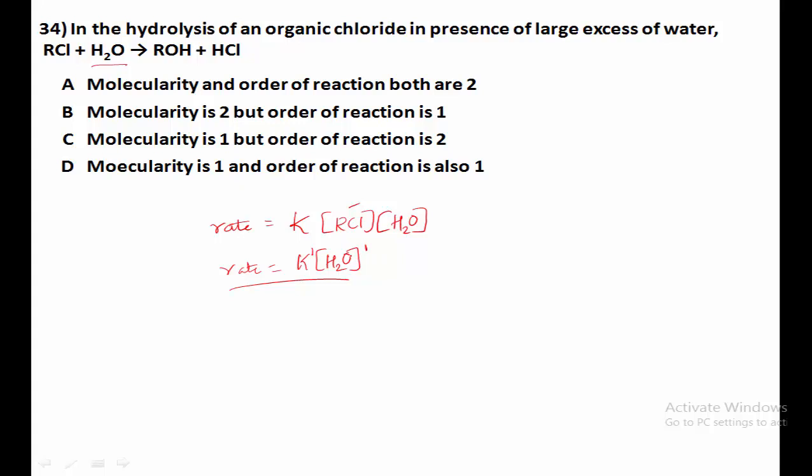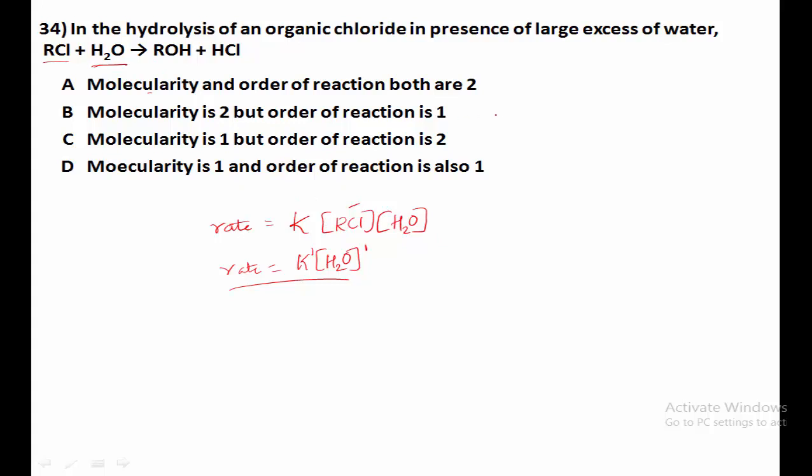But what about molecularity? If you observe this, the number of reacting molecules will be 2, and hence molecularity is 2. As you know, the number of molecules that are involved in the reaction is said to be molecularity, and hence for this reaction molecularity is 2 but order of reaction is 1.